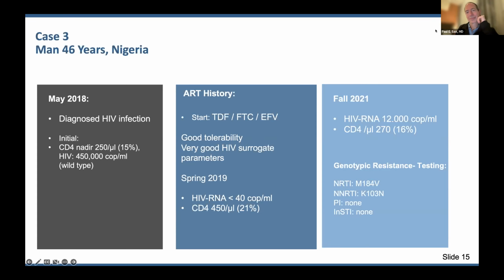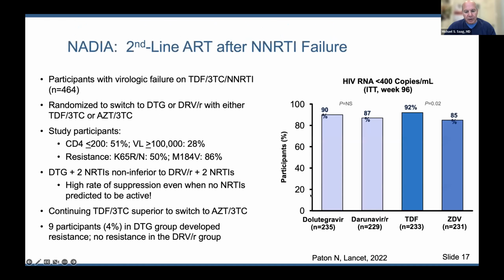Right. Well, I would just interpret NADIA a little differently and say that those 9 patients came out of that 10% that didn't have success. So it could be because, like you said, that they were nonadherent, but in practice, we're going to be following these patients pretty closely.